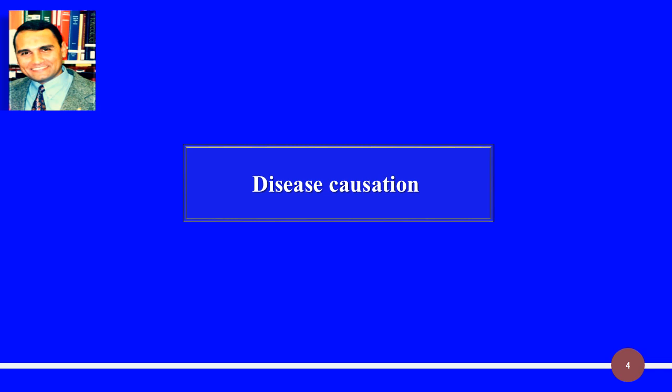The causative agents, the causative environment, and the causative surroundings have to be discussed. So, in this part, we'll be discussing the different aspects of disease causation.